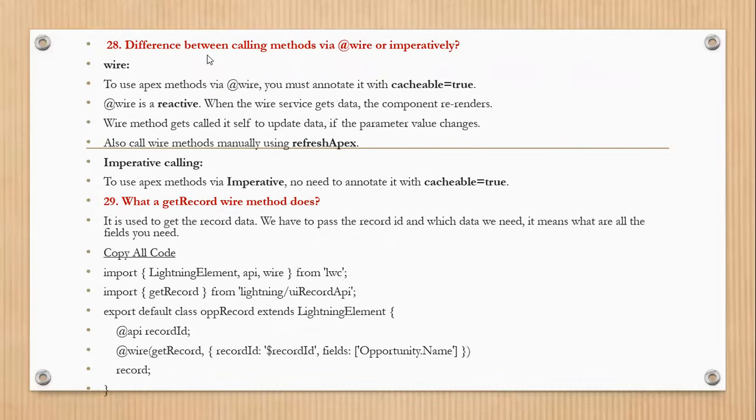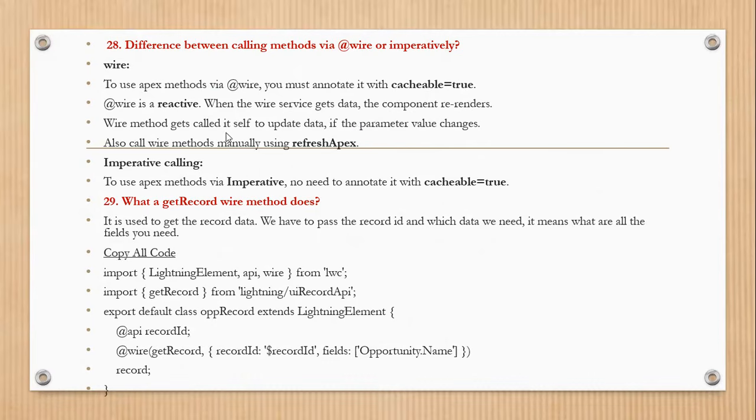Next question: what is the difference between calling the methods via the wire and imperative? To use an Apex wire, you must annotate it with cacheable=true. Wire is reactive: when the wire service gets data, the component re-renders.